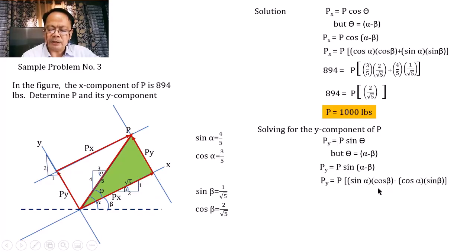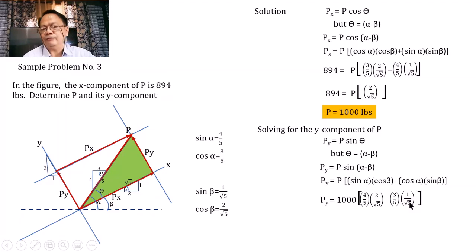And if these values are substituted, we shall have here py equal to 1,000, which is already computed here. Sine of alpha is again 4/5. Cosine of beta is 2 over the square root of 5. Cosine of alpha is 3/5 here. And sine of beta is 1 over the square root of 5. And again, the denominators are the same.